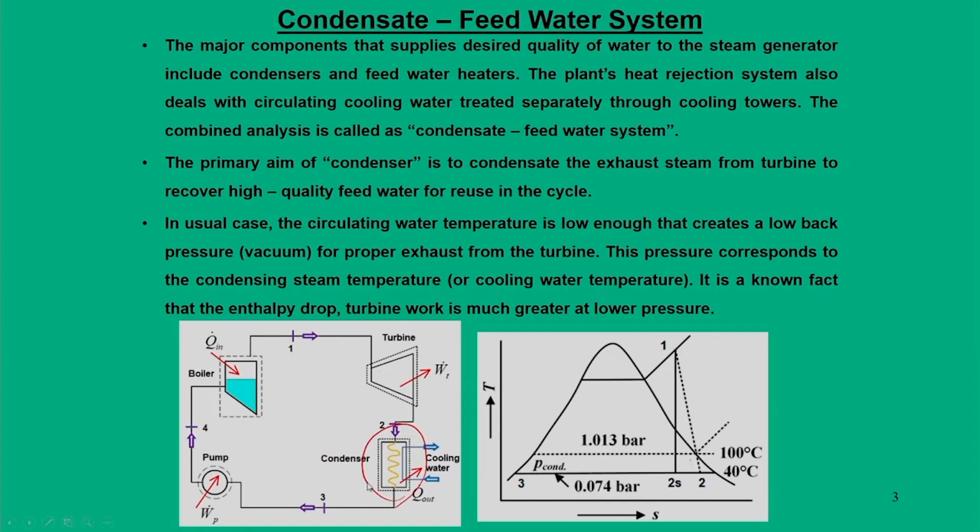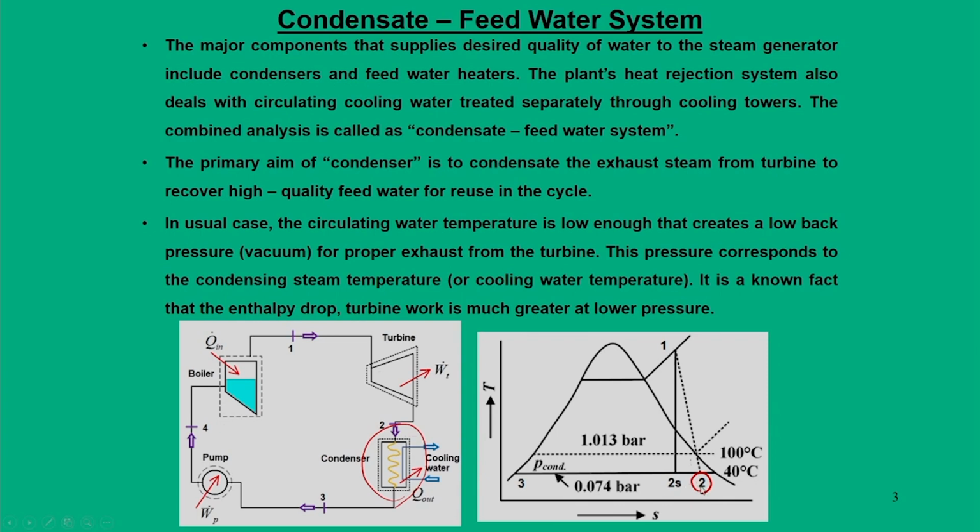So, why do you require these condenser units? That is mainly because if you recall this T-S diagram, that is temperature-entropy diagram, based on the Rankine cycle of steam power systems, what we see is that the turbine inlet condition is at state 1 and this steam expands in the turbine and finally comes to state 2.